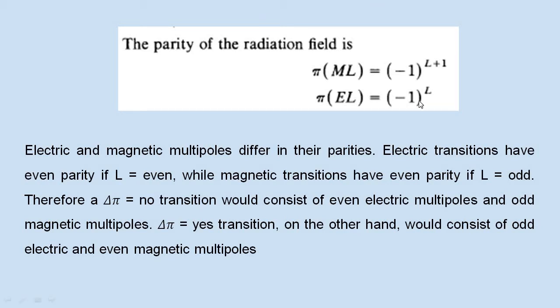So for L equal to 1, for electric you will get a -1 value, and for magnetic, 1+1 is 2, you are getting a plus value. So if parity is not changing, it must be magnetic, and an electric transition would have a change, so it is not possible.